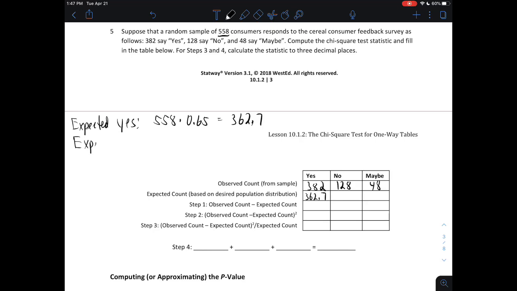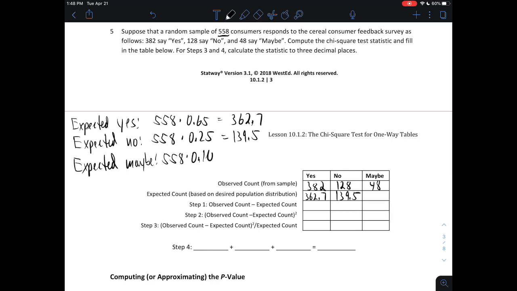Then we next need to find the expected no. And that would be, again, the sample size 558 times 0.25. Multiplying those two, we're going to get 139.5. So that becomes our expected no. And then the expected maybe, that would be the 558 times 0.10, and that's 55.8.